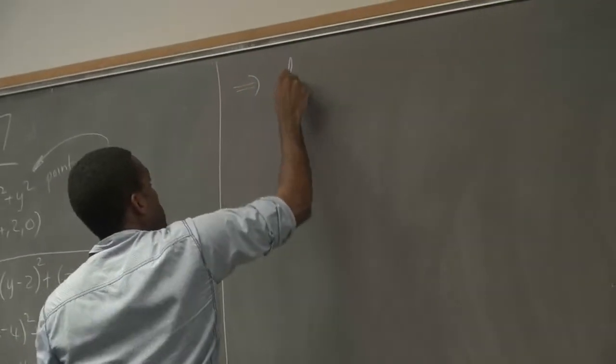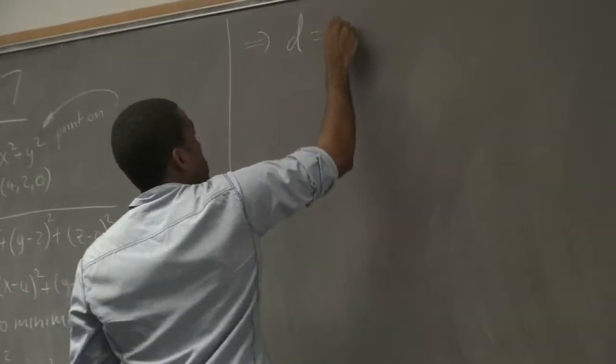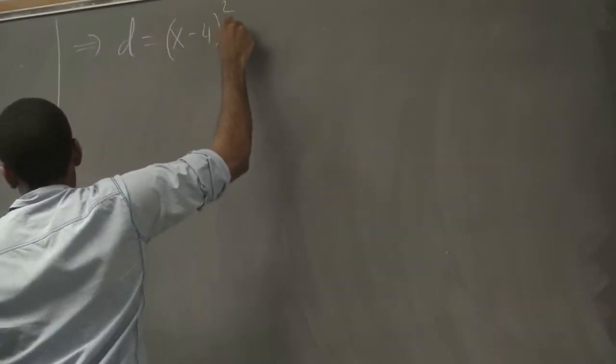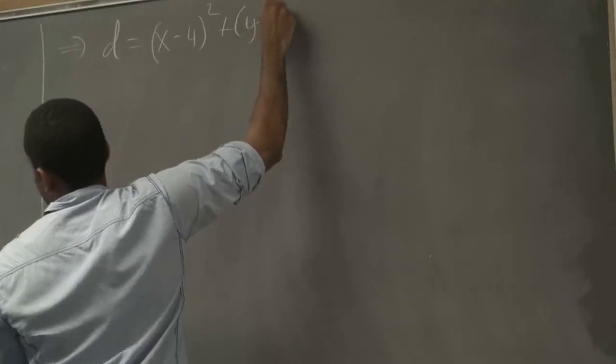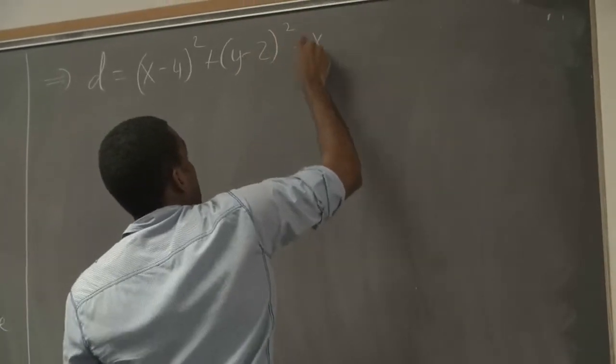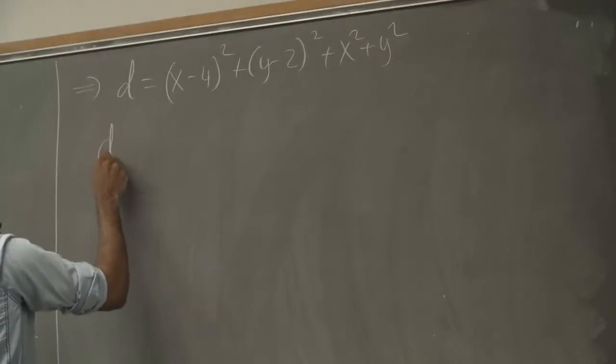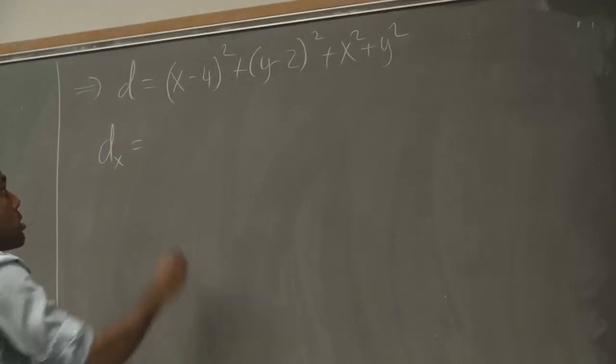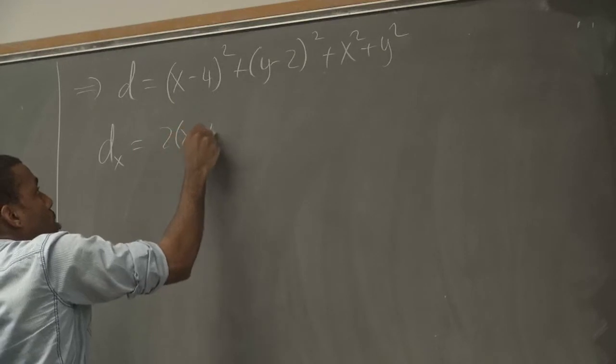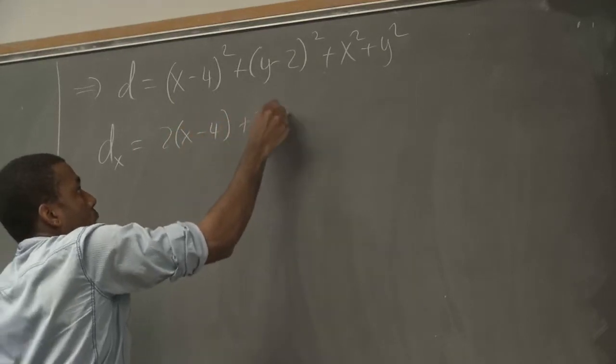So this means your d is actually equal to (x minus 4) squared plus (y minus 2) squared plus x squared plus y squared. Now d sub x would be 2x minus 4 plus 2x.